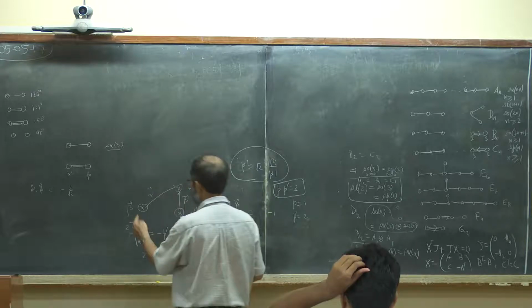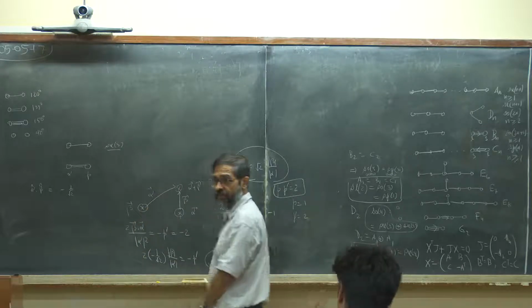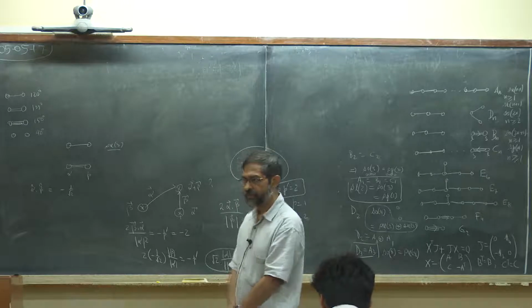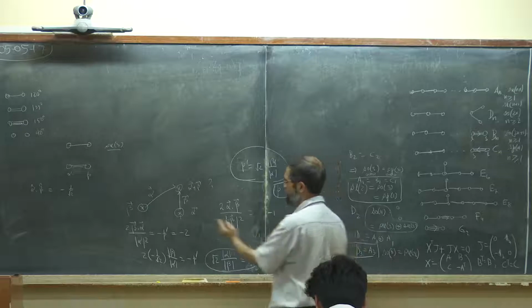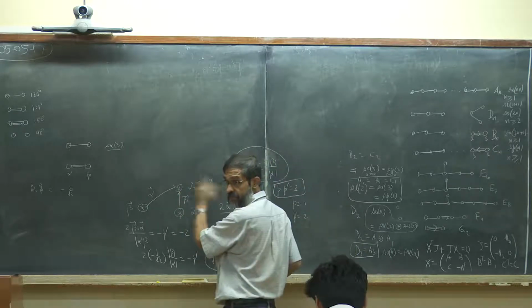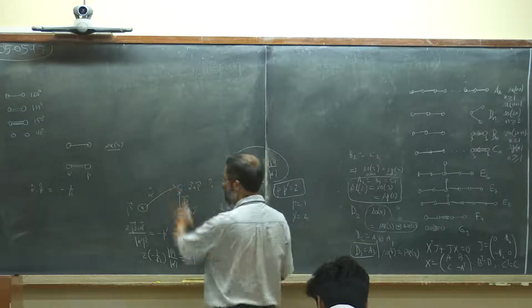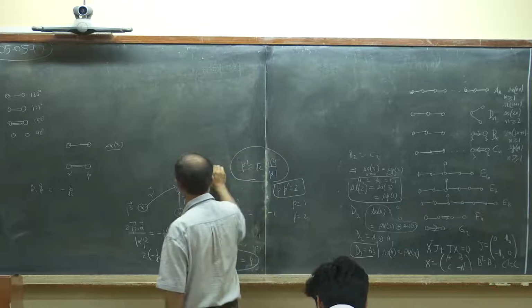So the alpha tower starting from beta has a height of 2. Is it clear? Remember, p equal to 1 means this tower has a height of 1. This tower has a height of 2. That means I can go one more.